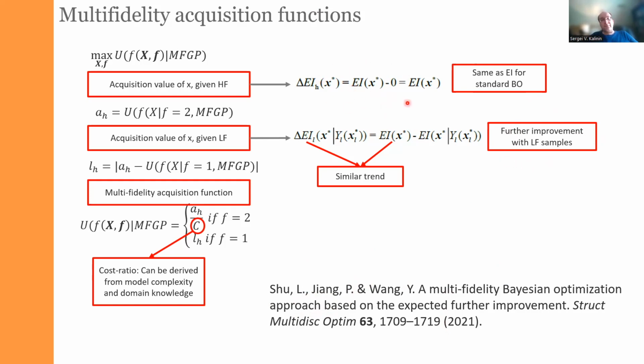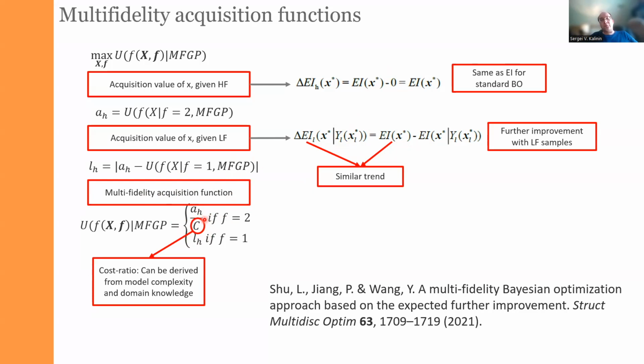So they basically give the high fidelity expected improvement. They generate the low fidelity expected improvement, which is conditional in this case on the high fidelity one. And then they build the acquisition function, which basically uses the normalized cost ratio to make a decision.